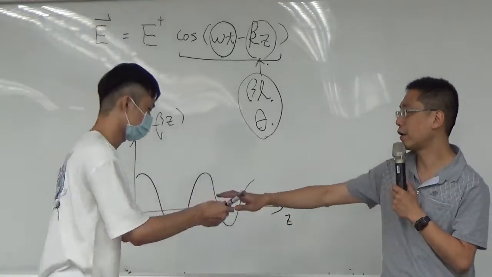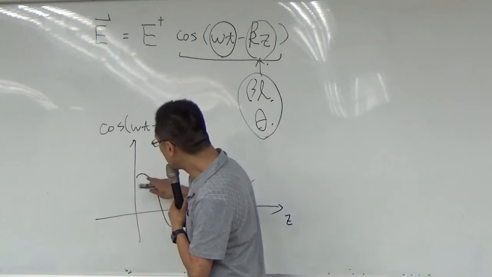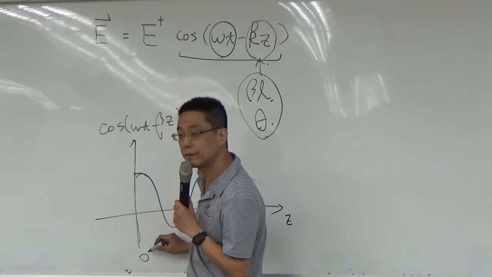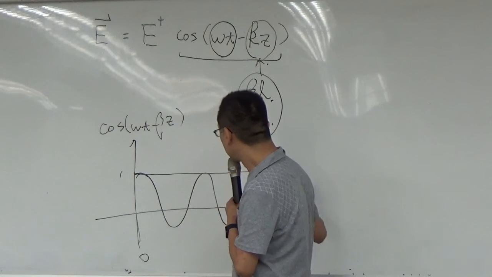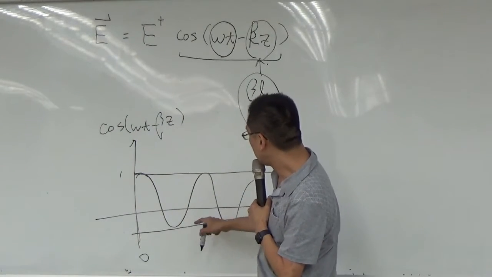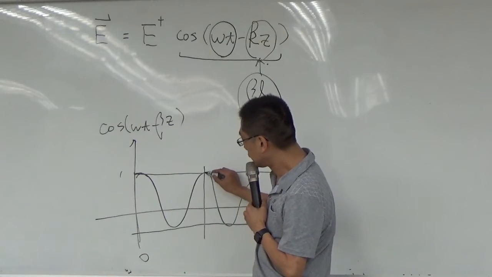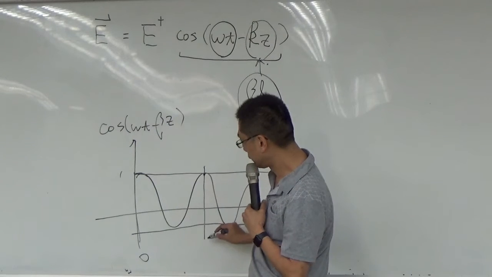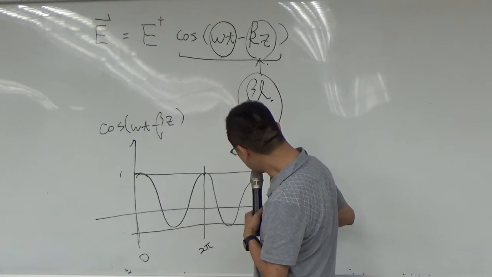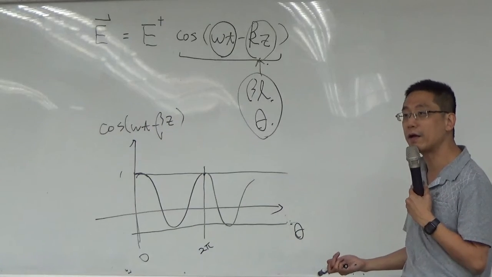I understand. Okay, let me ask you a question. For the cosine, 2 pi, okay? This is 0, right? And this is 1. Okay? For cosine. And what is this? 2 pi, and this is not z. If this is theta, this is theta. This is 2 pi.